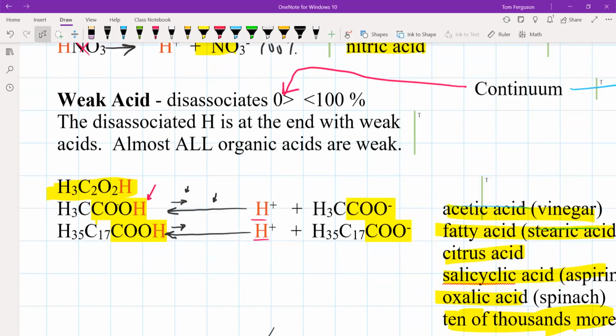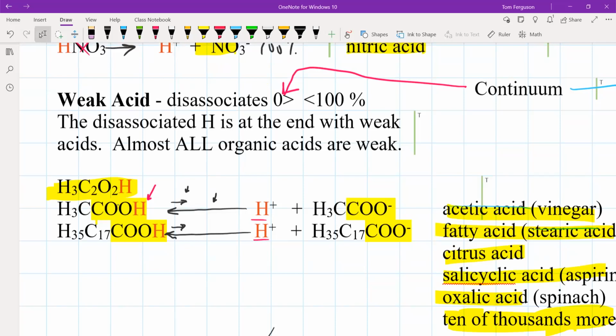If you look in the Krebs cycle, there are about 5 weak acids in there, one of them citric acid. There's a whole bunch of organic acids that are weak acids. Those come off in varying degrees from 0 to 100%. So it could be 1% dissociates or 98% dissociates, but unless it's 100%, it's not a strong acid.